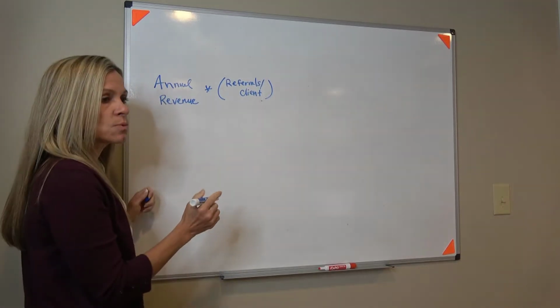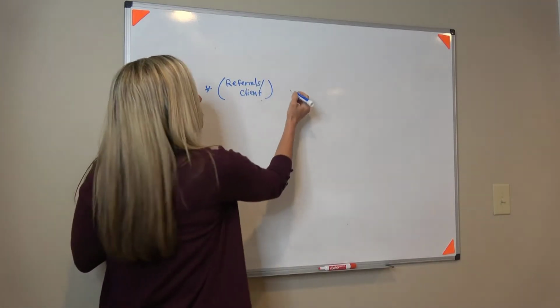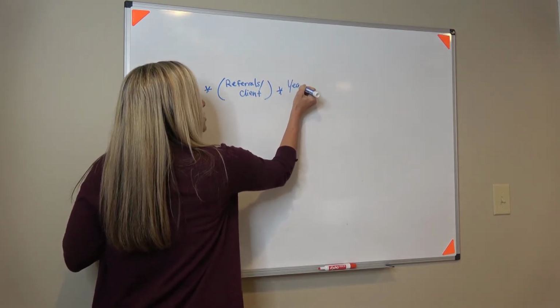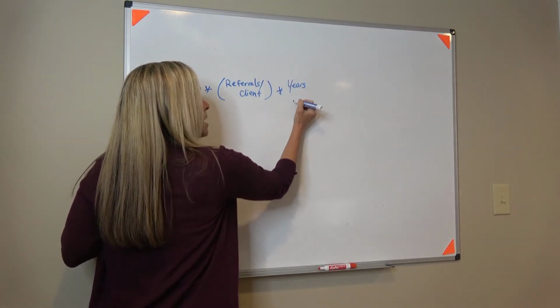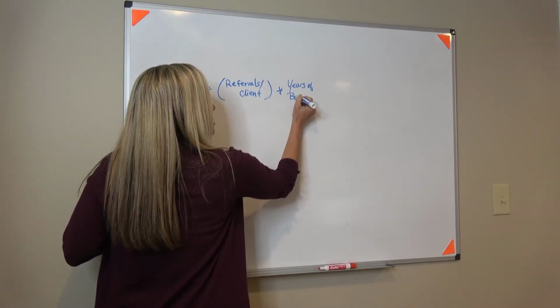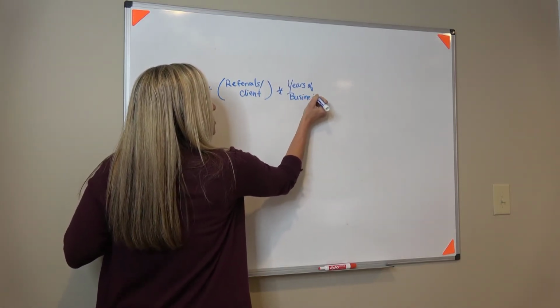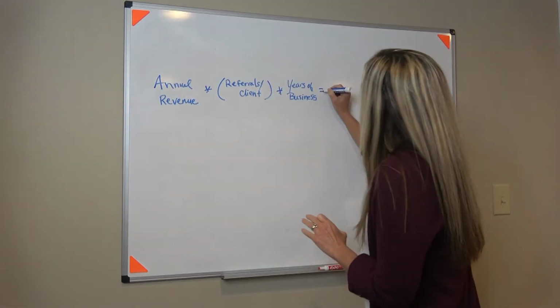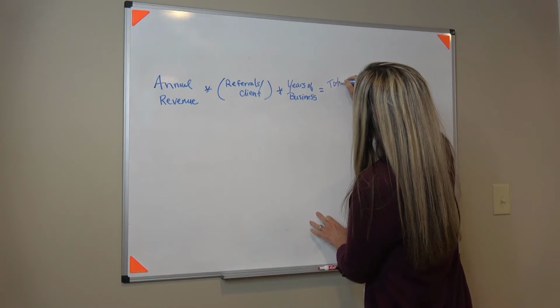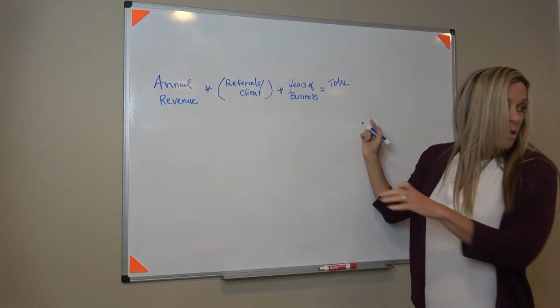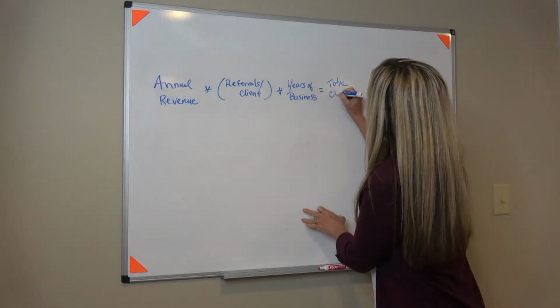So we're going to look at that as well. And then we're going to multiply that number by the total number of years of business that you get from each of your clients. How long do they stick around? How long are they doing business with you? Those three variables, when multiplied together, are going to give you your total value for your clients. So that's your total client value.